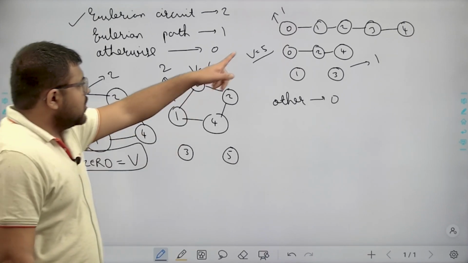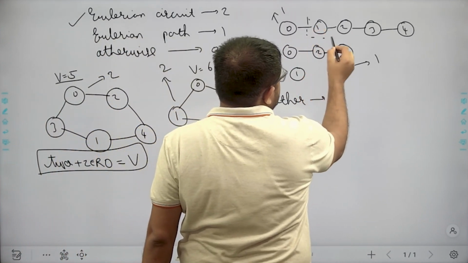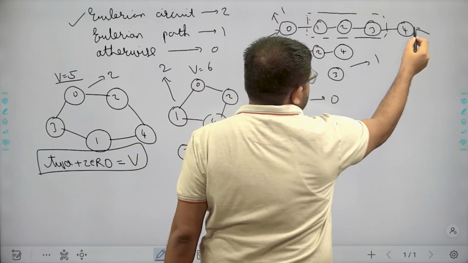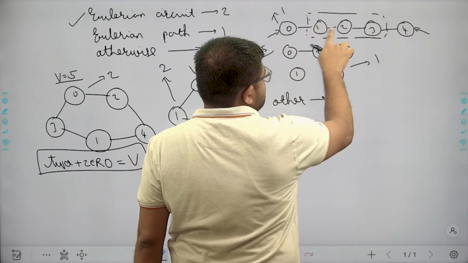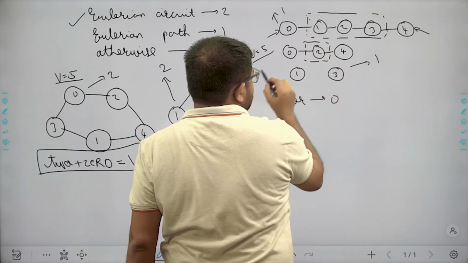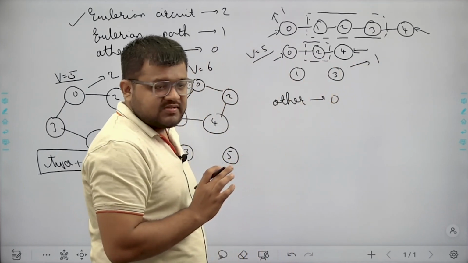Now what will be this? Here all the vertices in between will have degree 2, and the end vertices will have degree 1. Similarly, here the vertices in between will have degree 2, the end vertices will have degree 1, and these vertices will have degree 0.